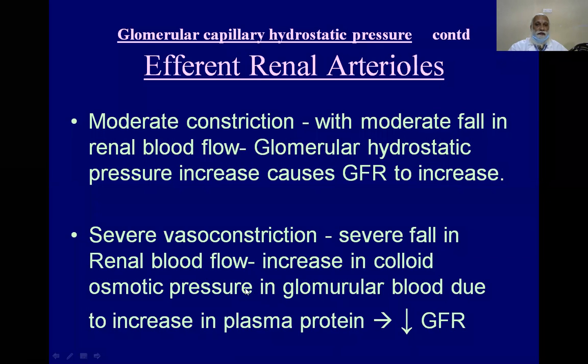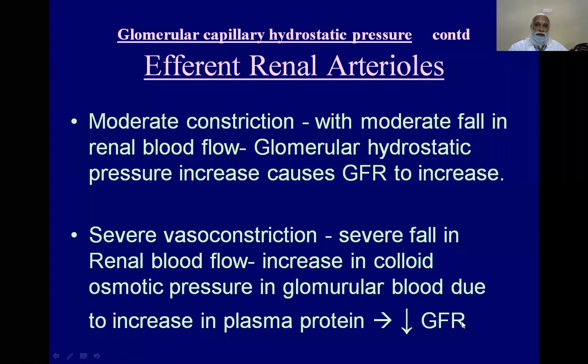Increase in the colloidal osmotic pressure. And how does colloidal osmotic pressure increase? With the fluid continuing to flow out of the blood into the efferent arteriole, the cells will remain in the capillaries to a larger extent, which means the cells as well as the proteins will remain in the capillaries, which will increase the colloid osmotic pressure.